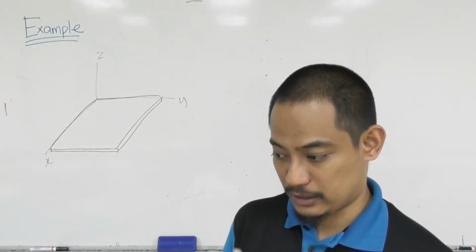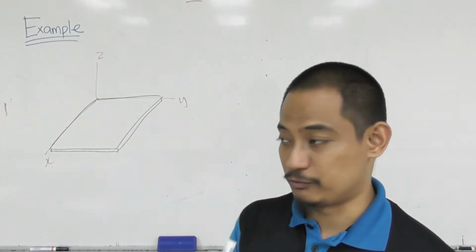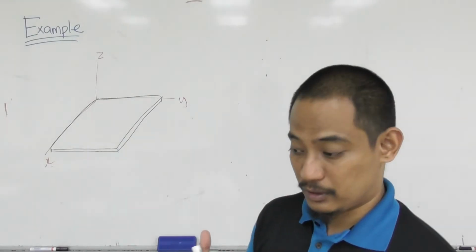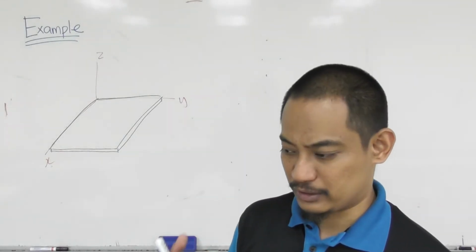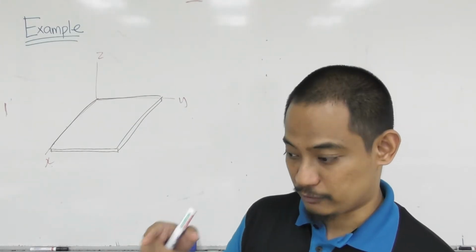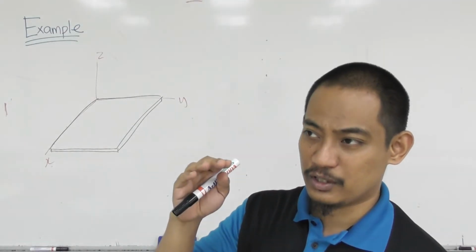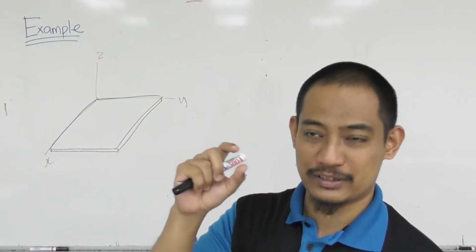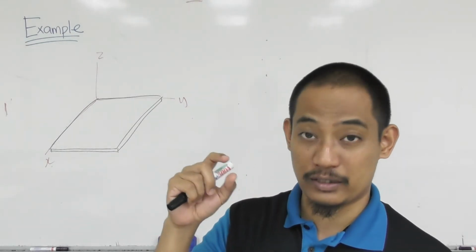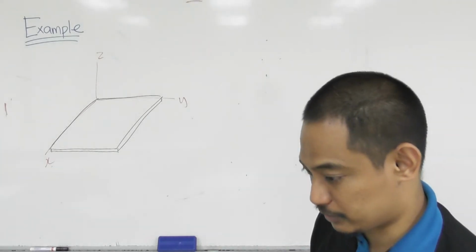Hence, there are significant marks there. If you fail to draw the free body diagram, you still lose marks even though you get the answer, because the marking scheme gives the free body diagram a significant weight. So make sure you draw the free body diagram.